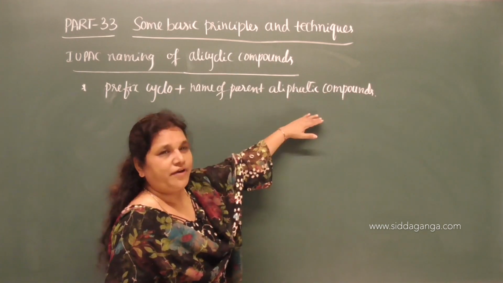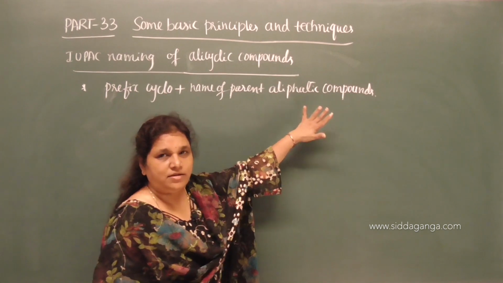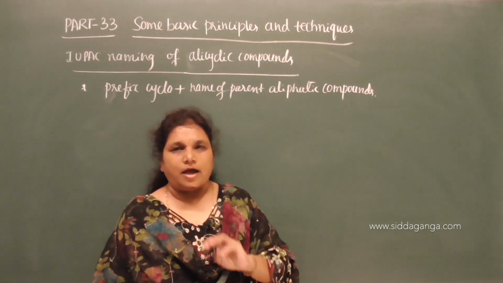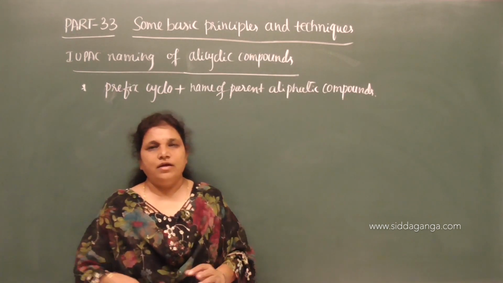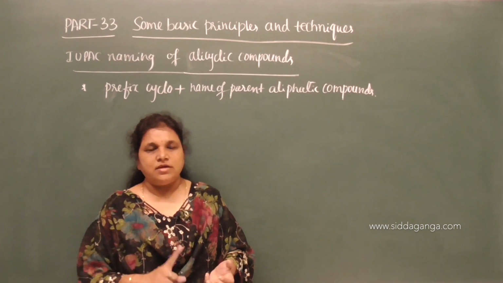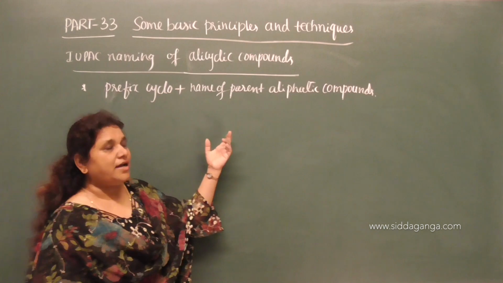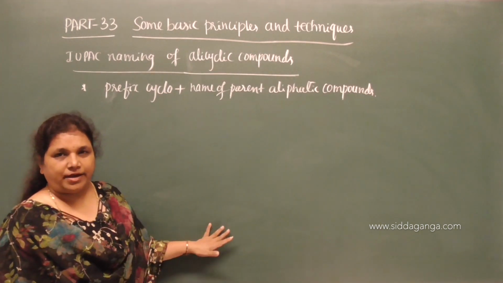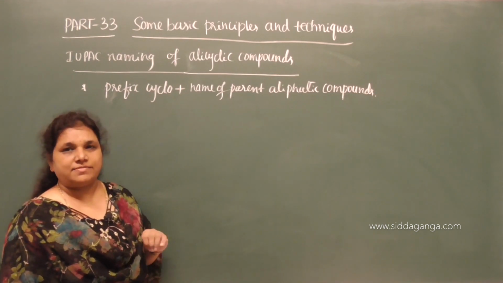The parent aliphatic compound depends on the number of carbon atoms, but the alicyclic series starts with 3 carbon atoms. In the aliphatic series we have methane and ethane, so it starts with 1 carbon, but alicyclic compounds start from a minimum of 3 carbon atoms, because to form a ring structure a minimum of 3 carbon atoms are required.